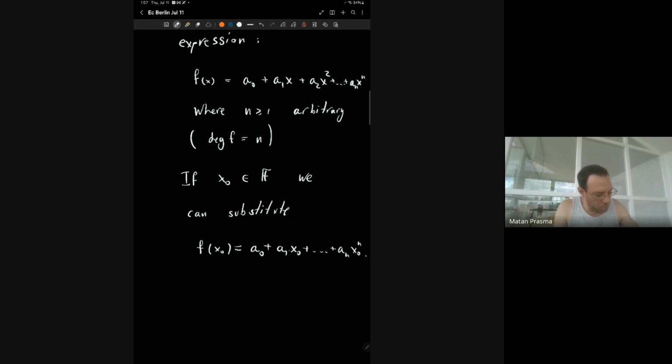In every such expression, I do multiplication, and between two such expressions, I do addition. So I need some kind of object that has both addition and multiplication in order to talk about polynomials. And so a field is a natural choice. It's not the only choice.